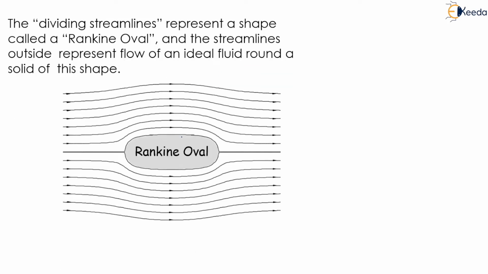Hence, the dividing streamlines represent a shape called Rankine oval, and the streamlines outside represent the flow of an ideal fluid round the solid of this shape. So the flow is flowing outside the oval.